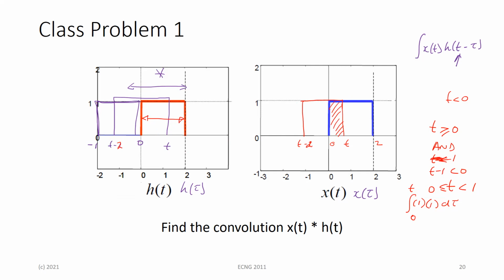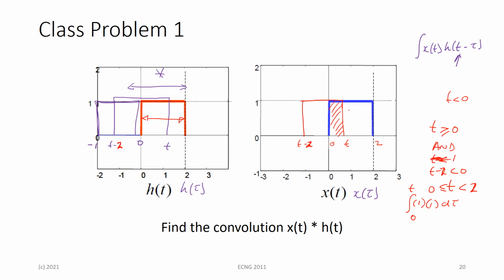Always compare the two and see if they are equal or if one is bigger than the other. And you didn't notice that. This point is supposed to be t minus 2 here. So t minus 2 less than 0, so t less than 2 and greater than or equal to 0.